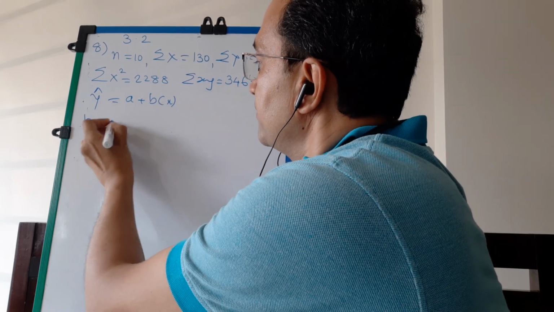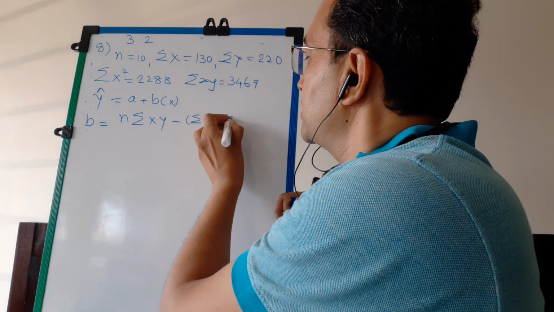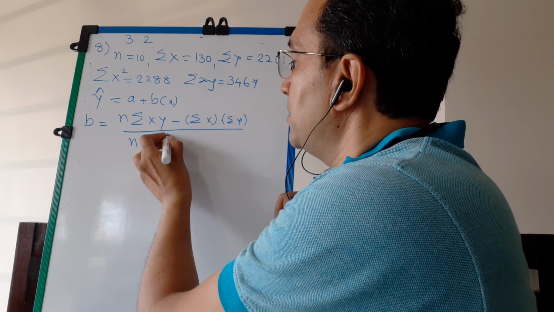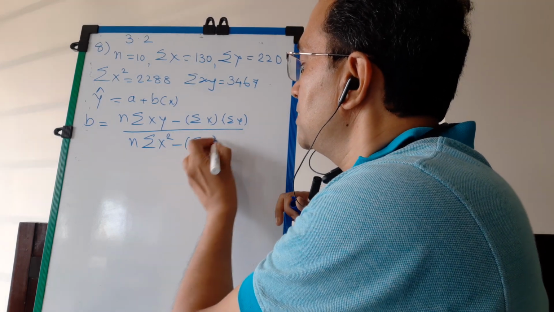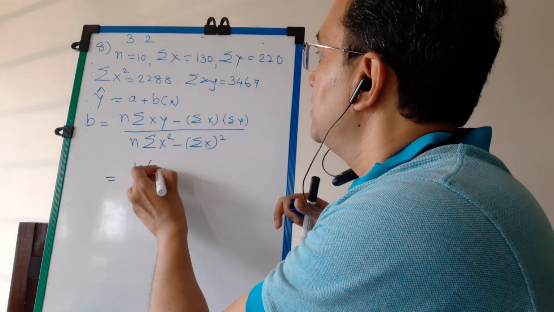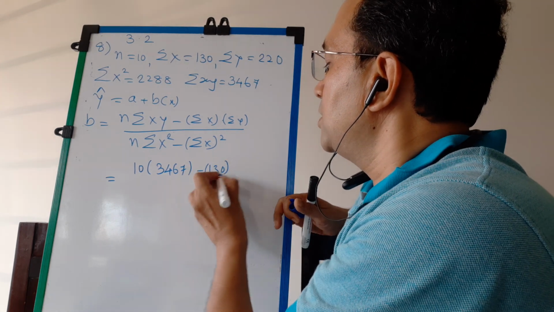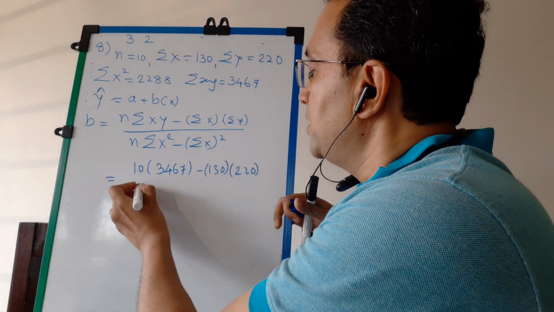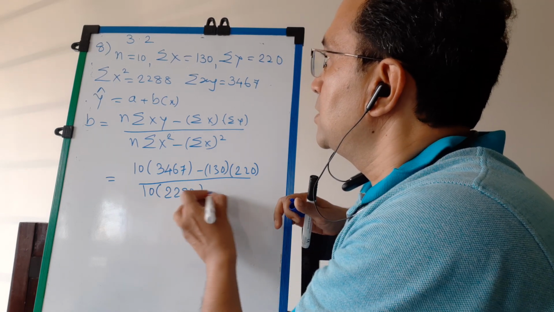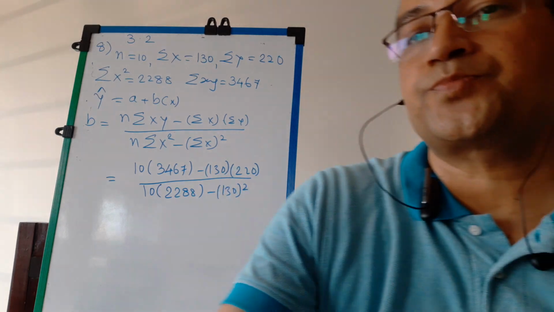Now b will be n sigma of xy minus sigma x into sigma y upon n sigma x square minus sigma x the whole square. So this turns out to be 10 into 3467 minus 130 into 220 upon 10 into 2288 minus 130 the whole square.